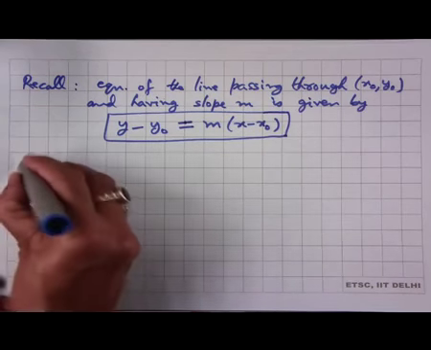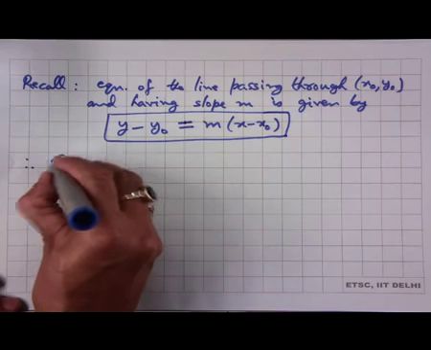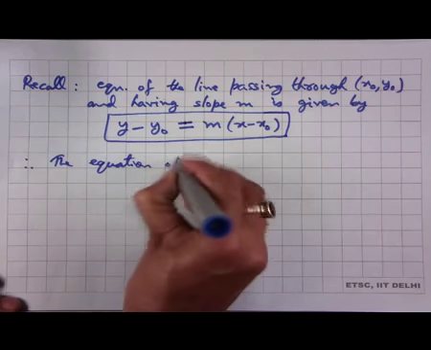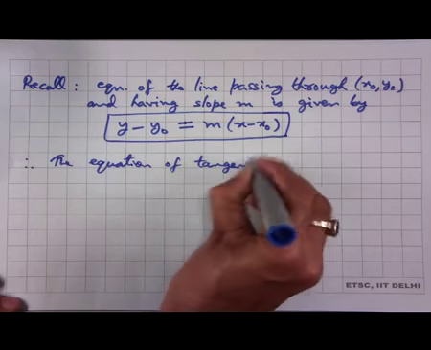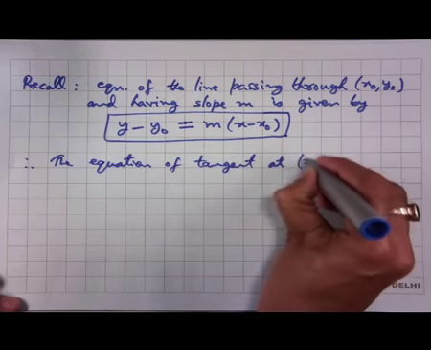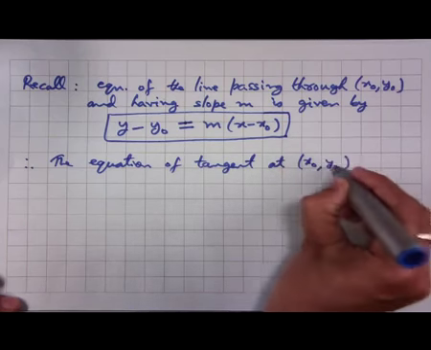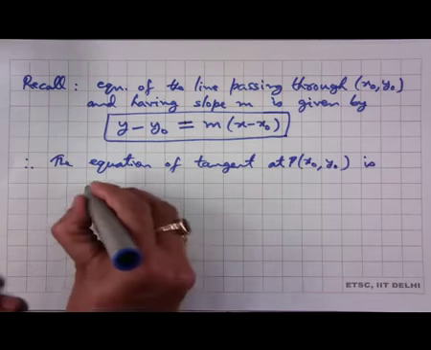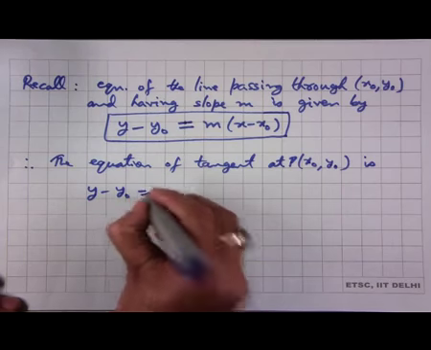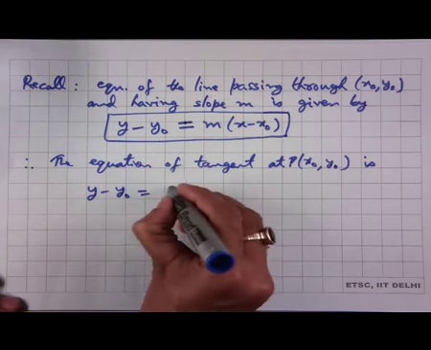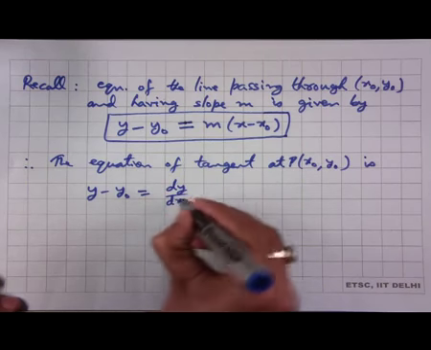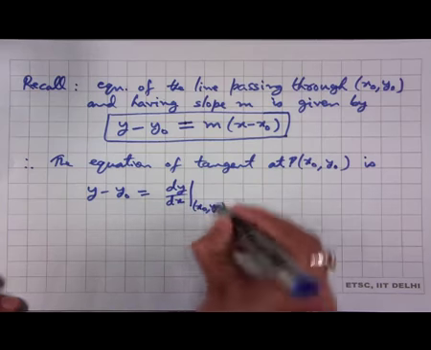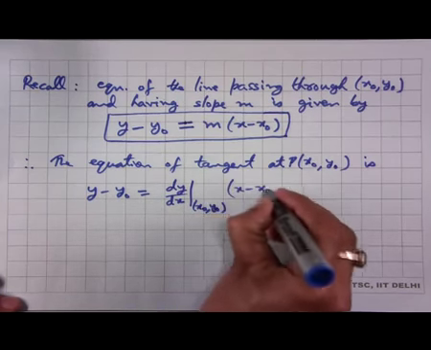So, therefore, the equation of the tangent at x naught y naught, let me call this point P, is y minus y naught is equal to, the slope here being the derivative dy dx at x naught y naught, times x minus x naught.